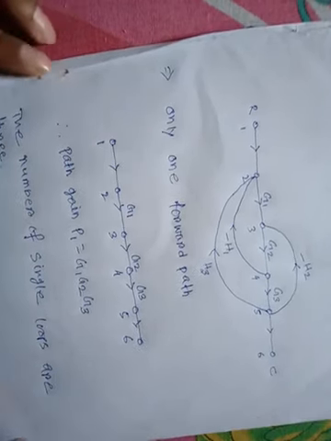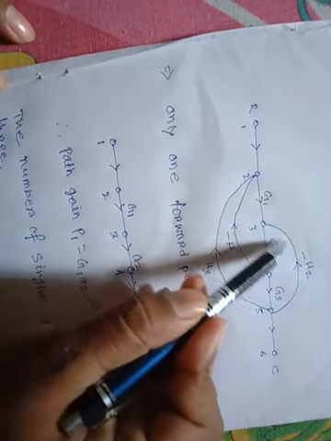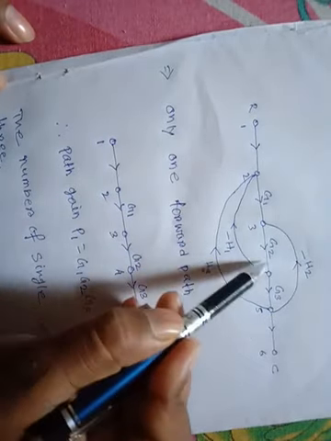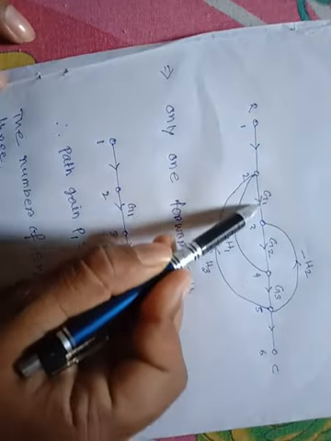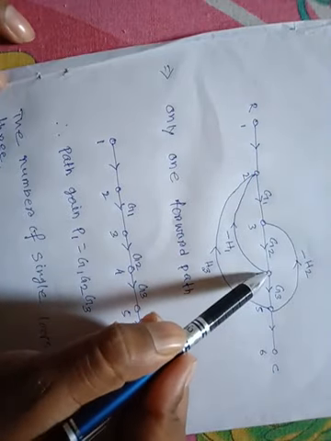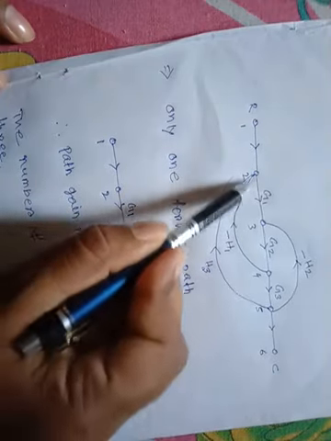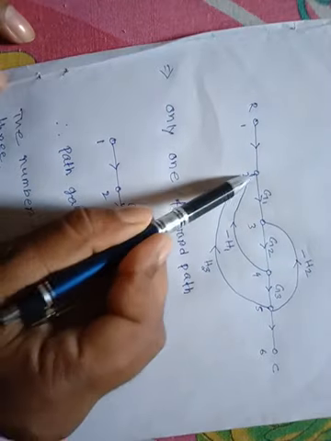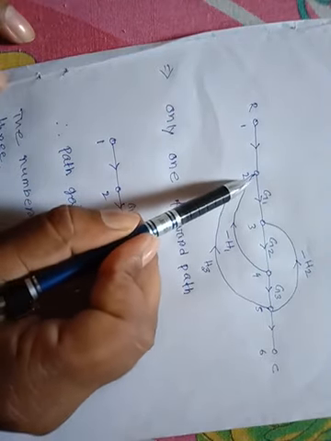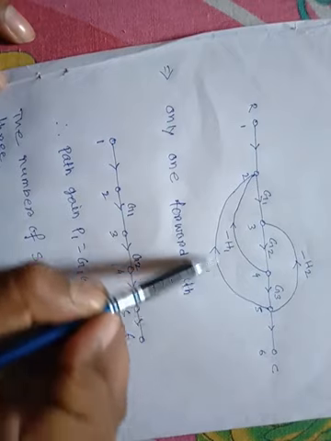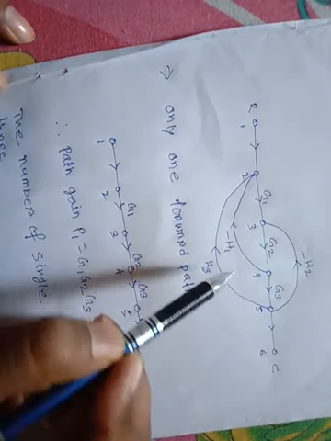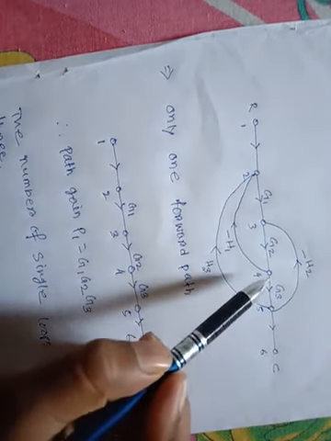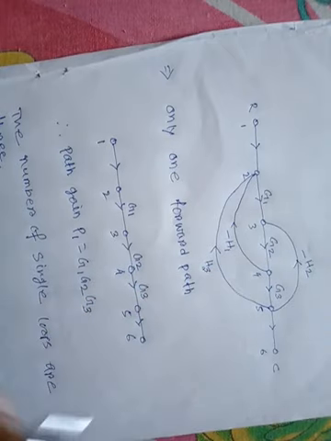The loops are here, one loop, here another loop, and here another loop. The loop starts from 2 to 5 and again ends at 2. It is a loop. There are 3 loops.